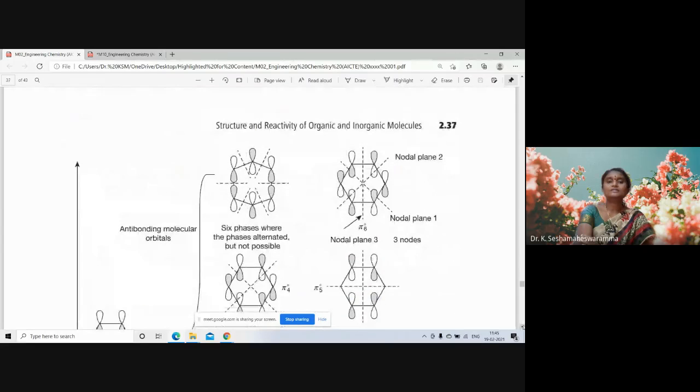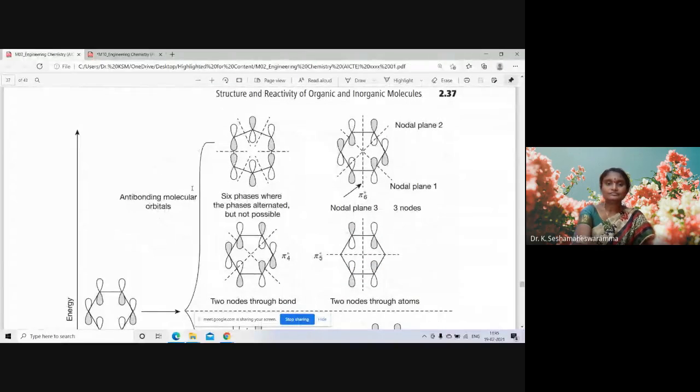See here, this one. This is the pi 6 star. Completely alternating. But it is not possible like this, 6 nodes, 6 nodal planes. So here also, pi 6 star.